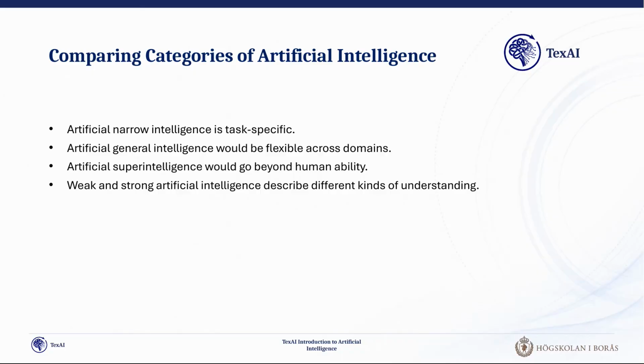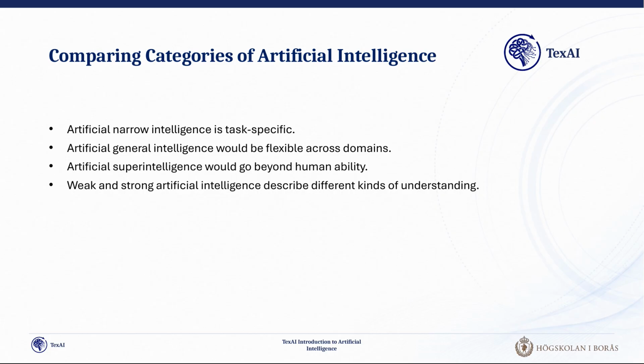Let us briefly compare the categories. Artificial narrow intelligence is task-specific. It can perform one task or a limited set of tasks very well, but it does not have broad understanding. Artificial general intelligence would be more flexible. It would be able to learn, reason, and solve problems across many different domains.